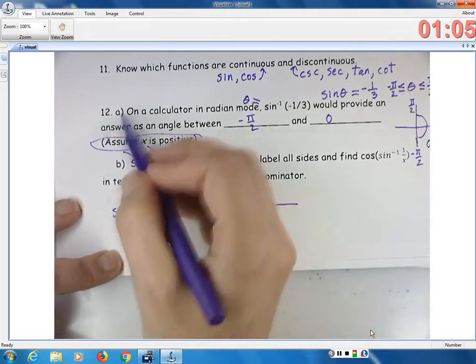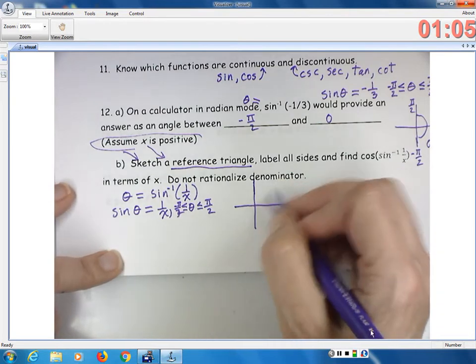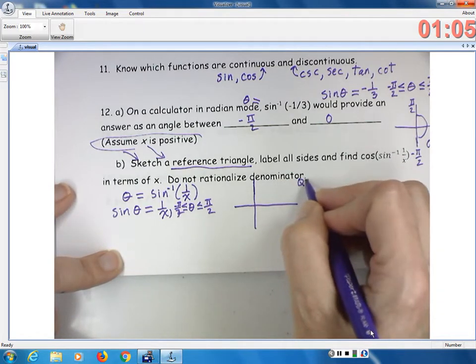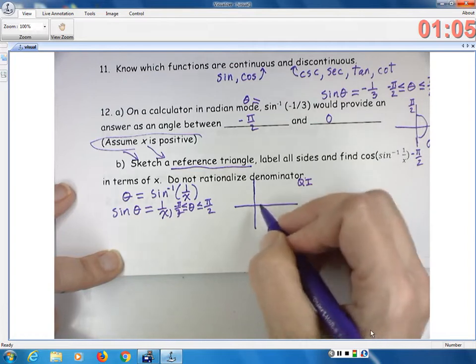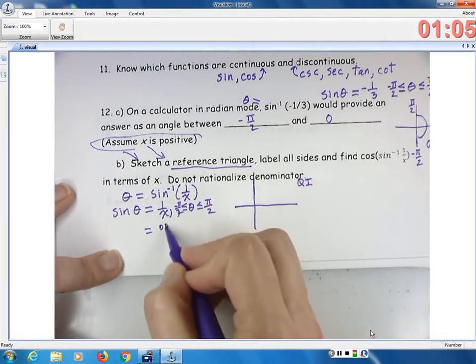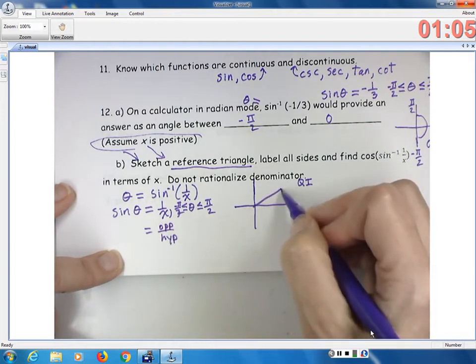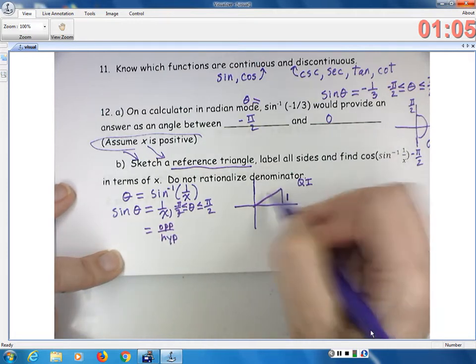It is part A and B, so x is positive. Okay, so we're in quadrant 1. So sine is opposite over hypotenuse. So this is going to be 1, and this is x.